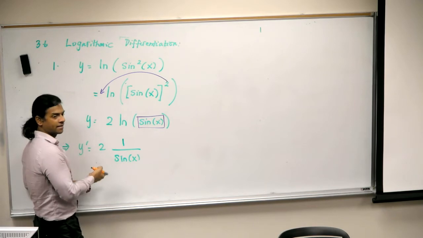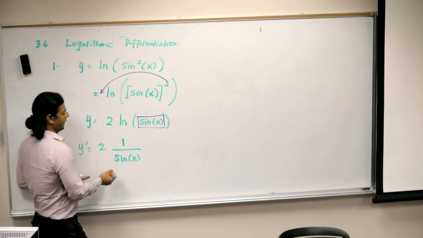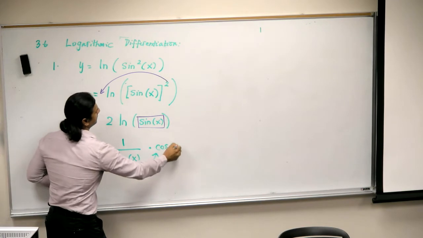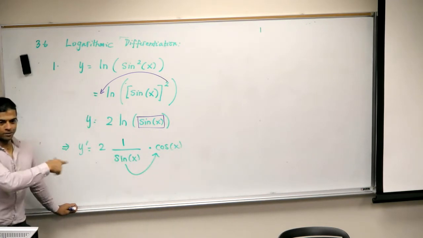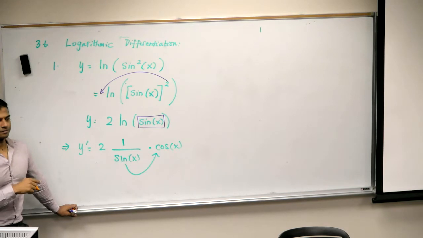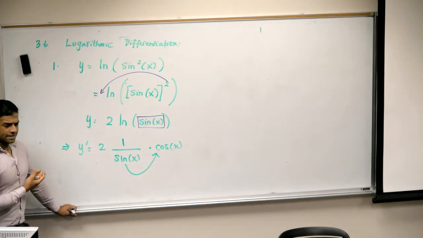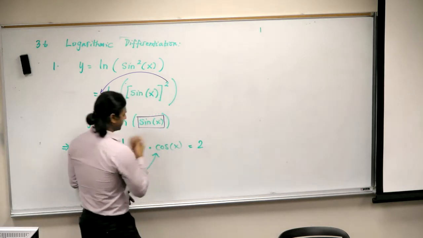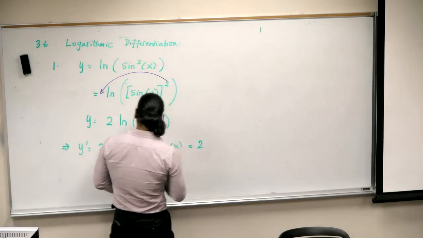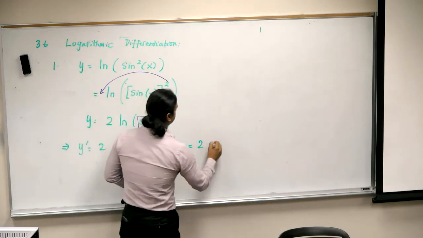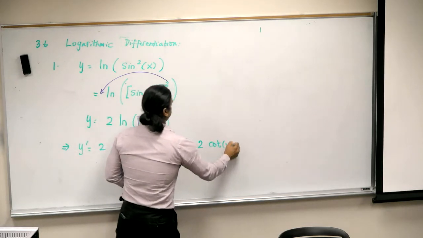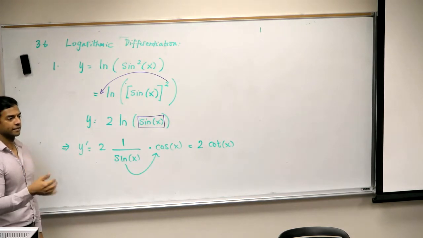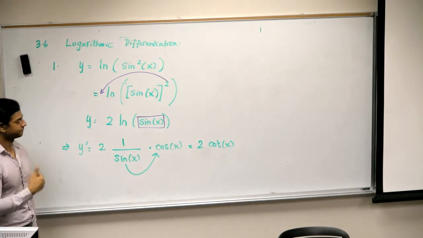But then you realize that that is a function of x. So now we multiply by cosine of x. What rule did I use? Chain. You can leave the answer as is, but if you observe carefully, cosine over sine is cotangent. So 2 cotangent x. Good.